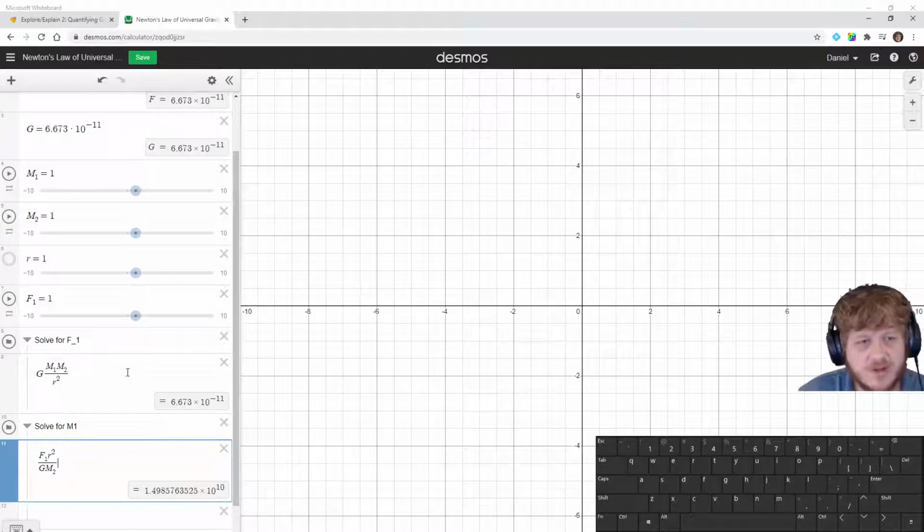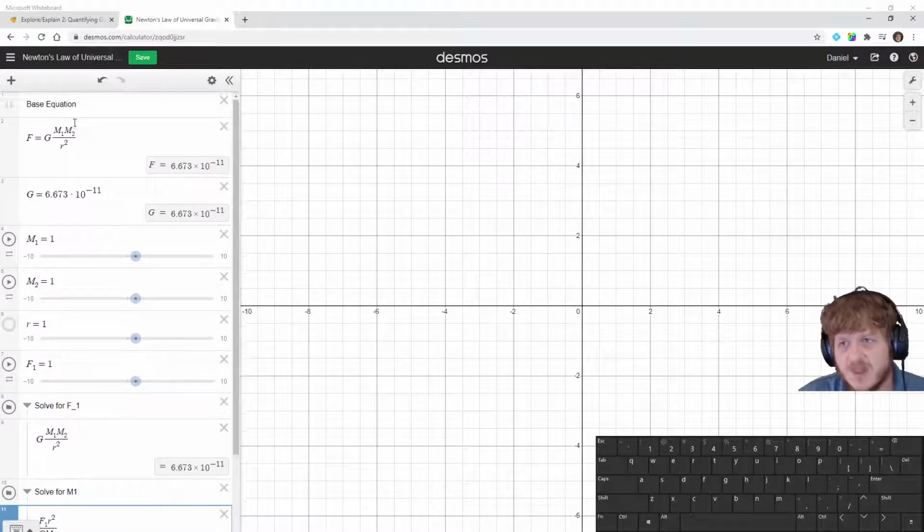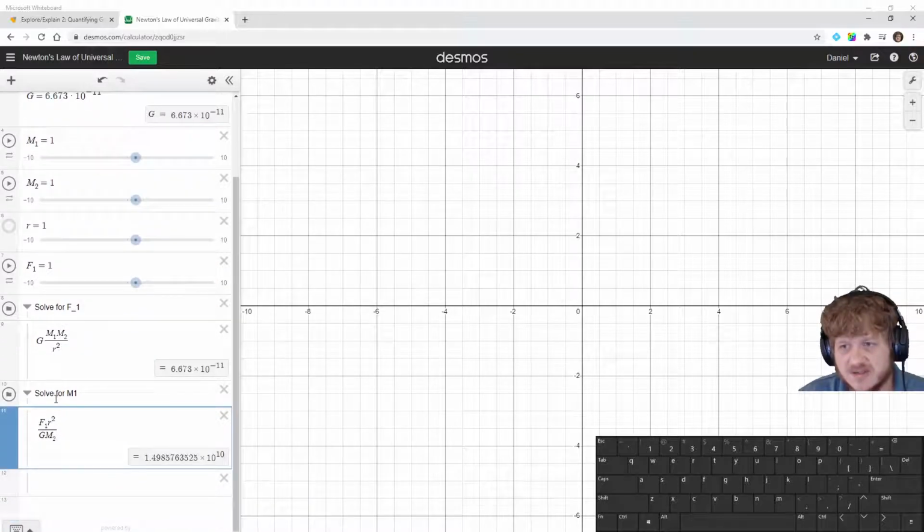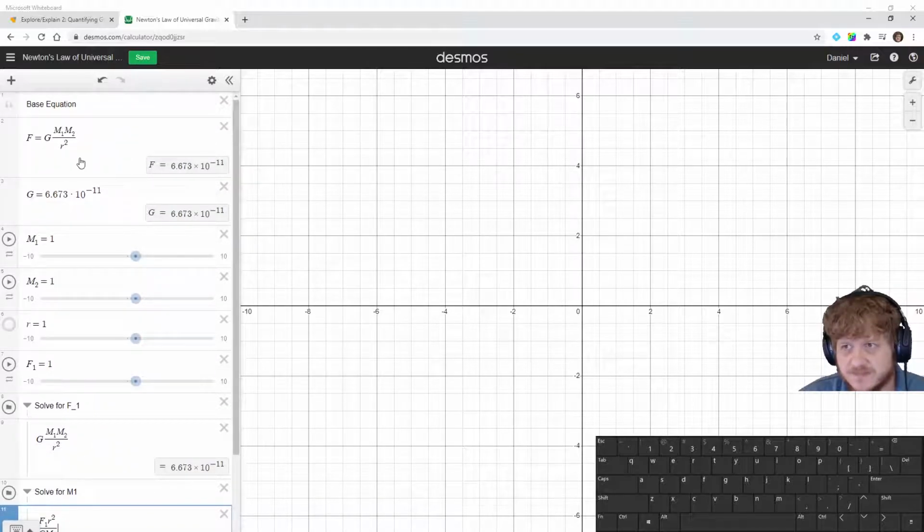So we'll label all those as F1, the force versus base equation, just because otherwise it gets a little confused. So if you have your force, you'd want to plug it in here to play around with it.